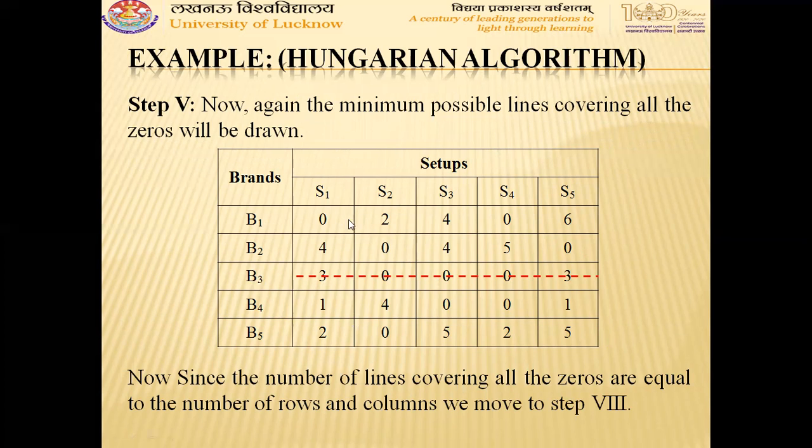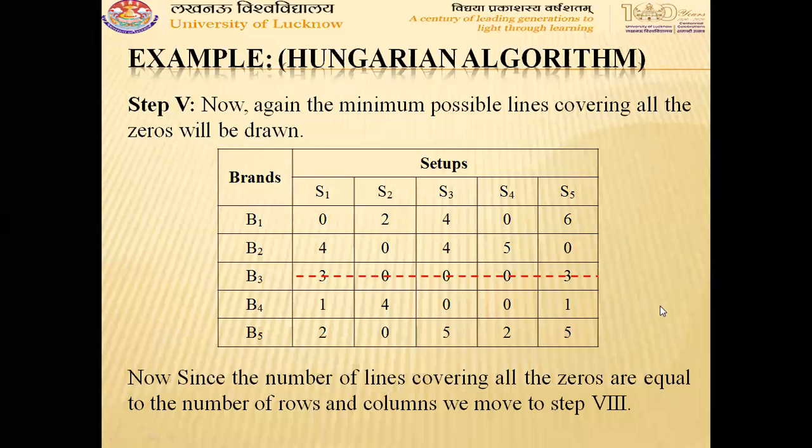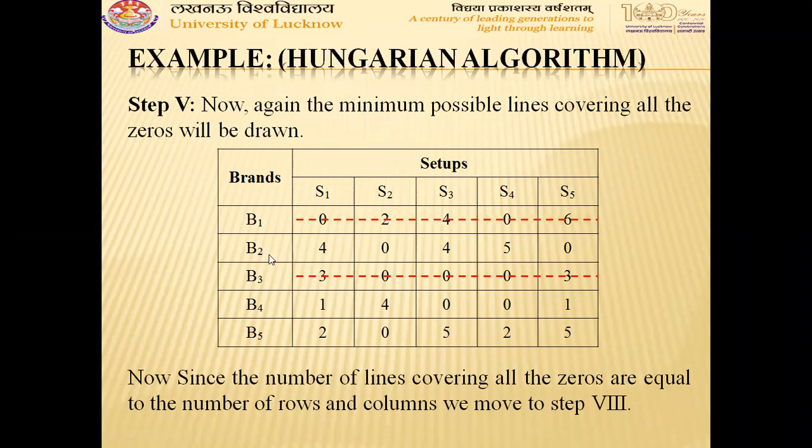Now in B1 there are 2 zeros, so we cover these 2 zeros in this manner. Similarly, 2 zeros occur in B2, and in this manner we would obtain 5 lines. That means there are 5 lines and the order of the matrix is also 5.